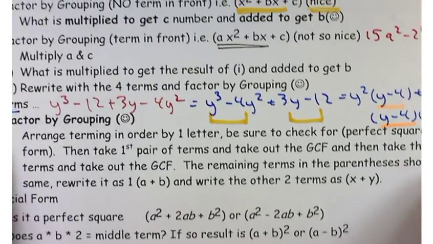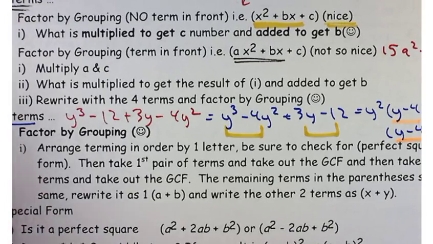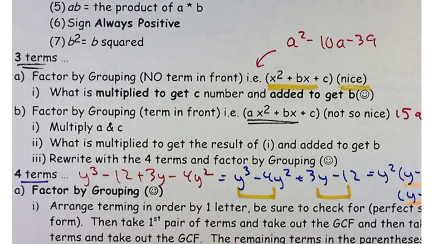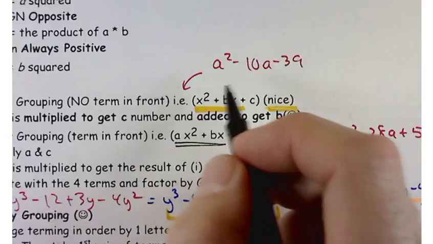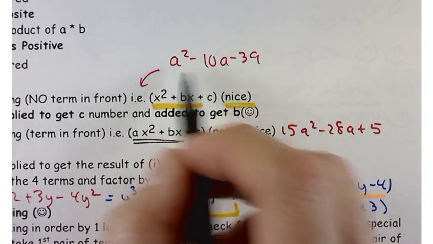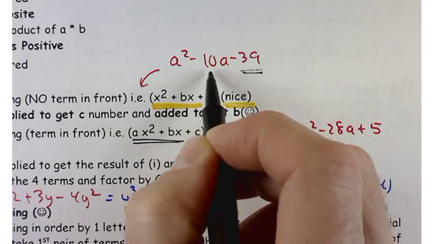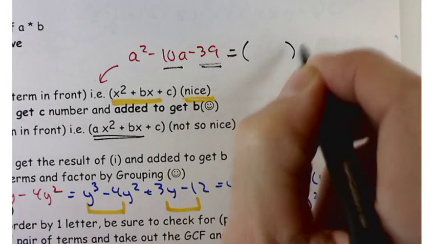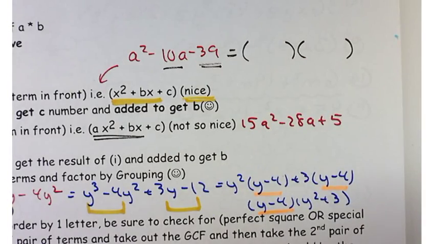In section 6.2, we started factoring things that had 3 terms. So, assuming that you've already looked for a greatest common factor and there isn't one, the trick on these was to try and find 2 numbers that multiply to this and add to this. So we'll write it as the product of 2 binomials.